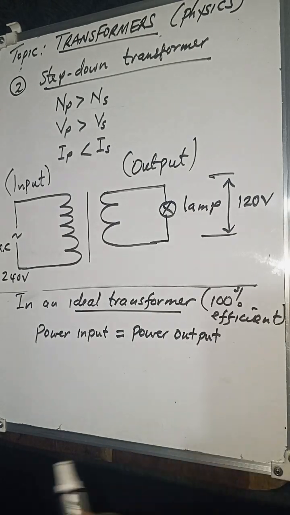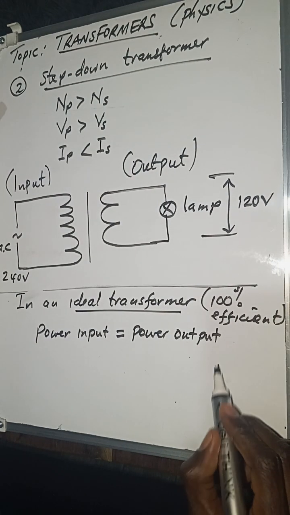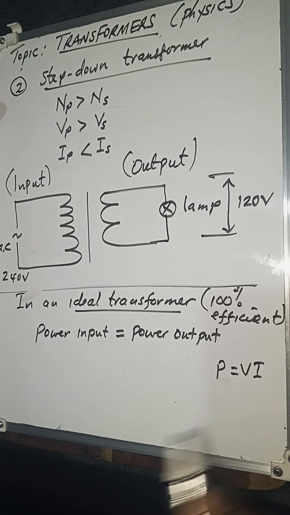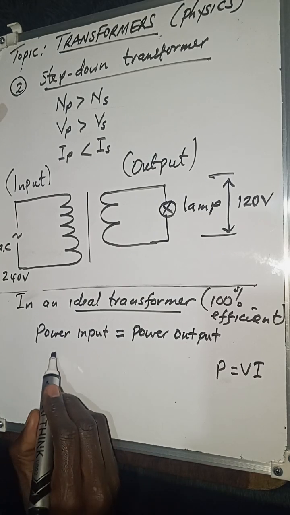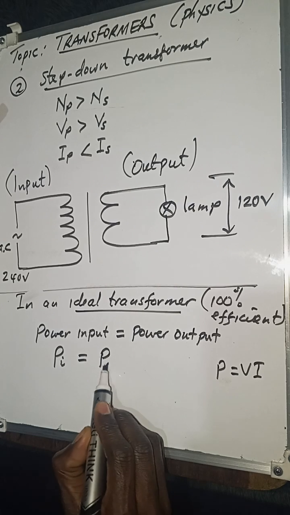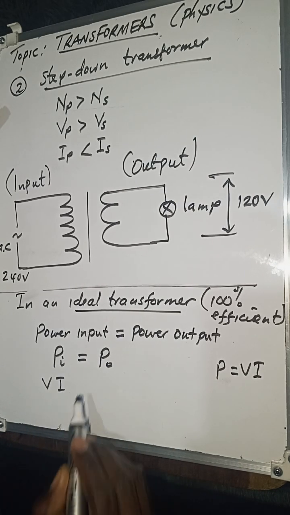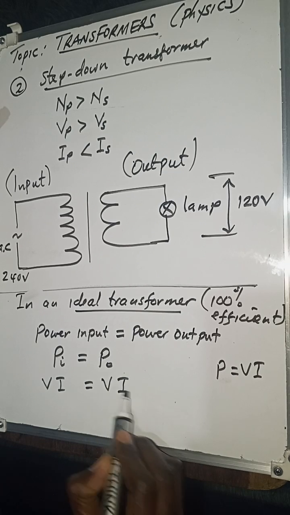If you remember from what we did under electricity, power is equal to voltage times current. So we can simply say the power input is equal to the power output, and power is given by voltage times current.